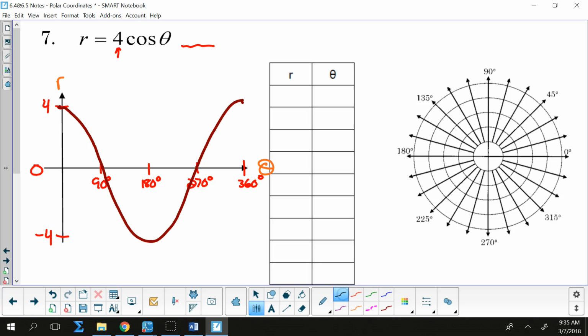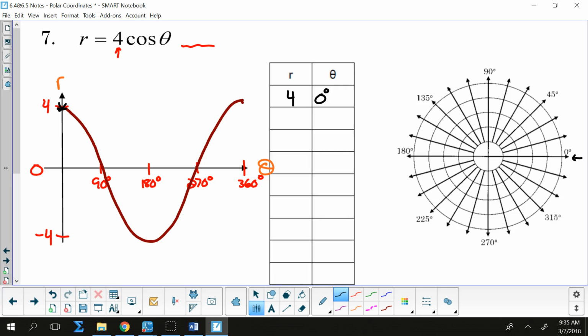So when theta is 0 degrees, what is the value of that function? 4, right there, right? On the polar graph, here's my 0 degree ray.